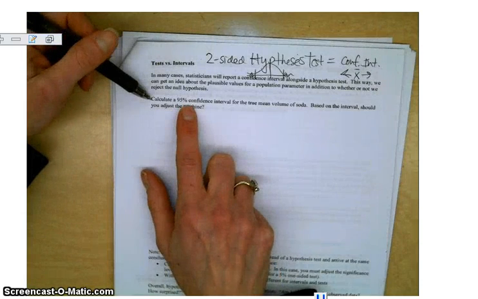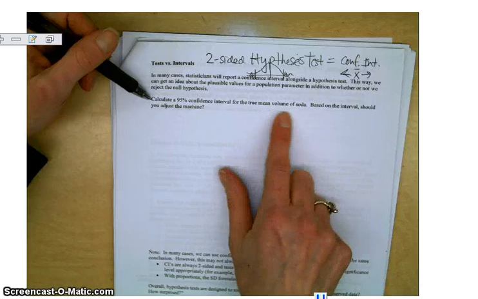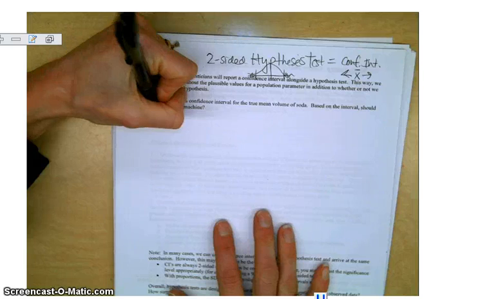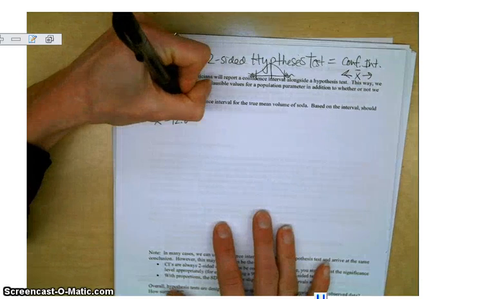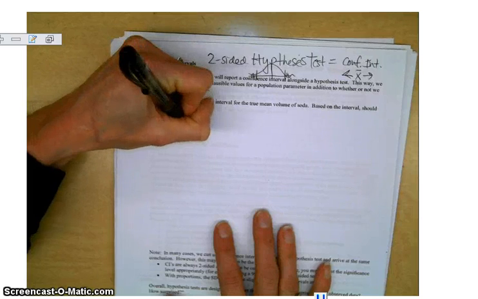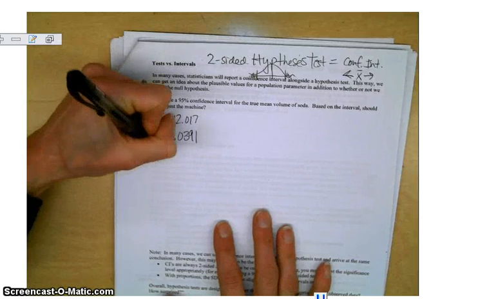So we're just going to look at a 95% confidence interval for our mean volume of soda. The problem we just did, we're going to take that sample mean, 12.017, that sample standard deviation of 0.0391, and n equals 9.